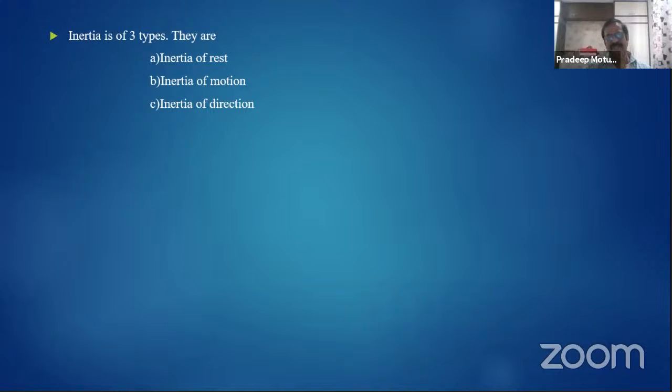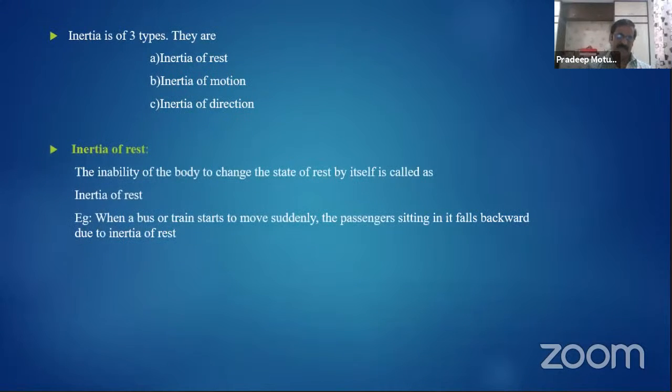Inertia is of three types again. They are inertia of rest, inertia of motion, and inertia of direction. How can we explain the inertia of rest? It is the inability of the body to change its state of rest by itself.